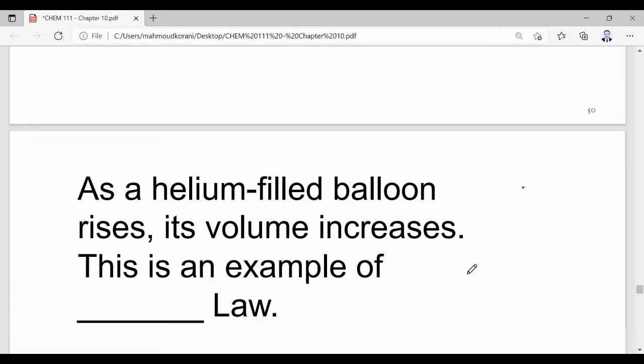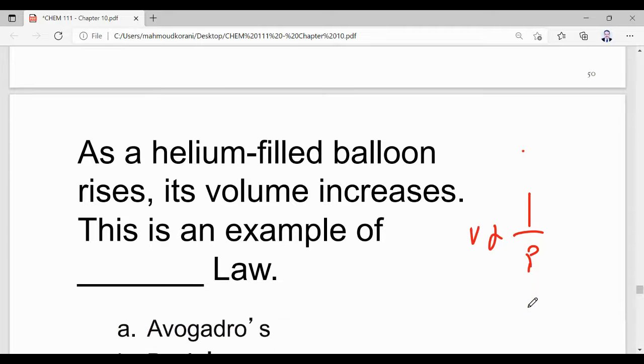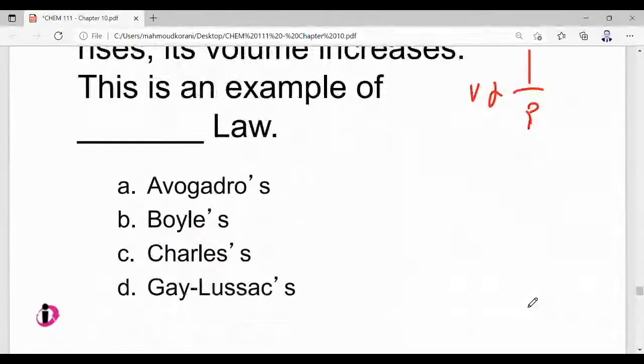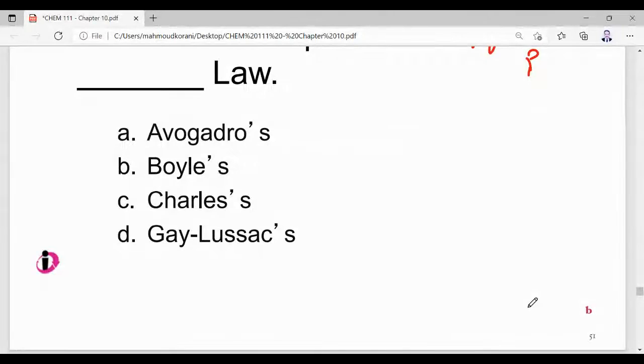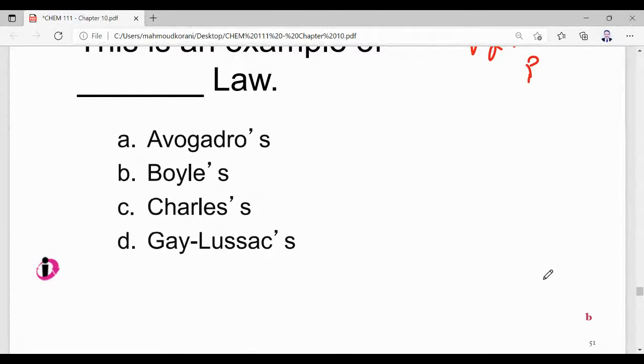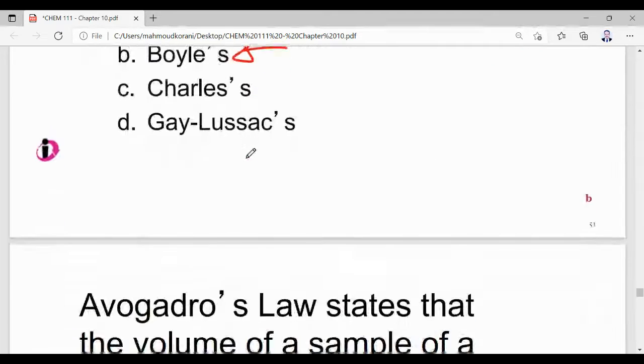I would say it should be volume and pressure. Which law? That one should be Boyle's. B, that's great. We are discussing the relation between volume and pressure at constant amount and temperature, so it should be Boyle's.